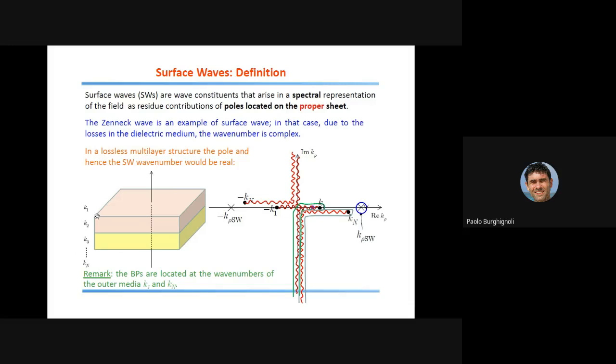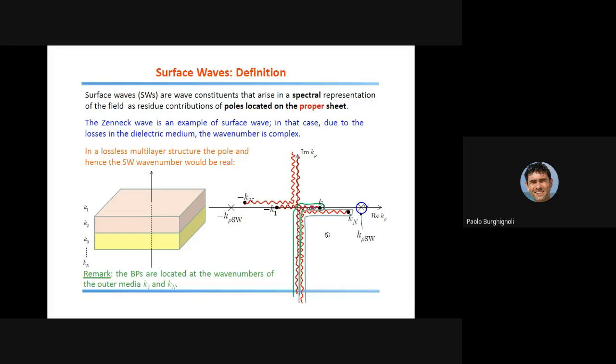So the rule is, every time you have a semi-infinite medium, there is a pair of branch points associated with that medium. In this case, we have two pairs of branch points and the associated branch cuts that, as usual, are indicated with those wiggly lines, and we choose the Sommerfeld branch cuts that are hyperbolic, and when the wave numbers are real, they go through the real and imaginary axis.